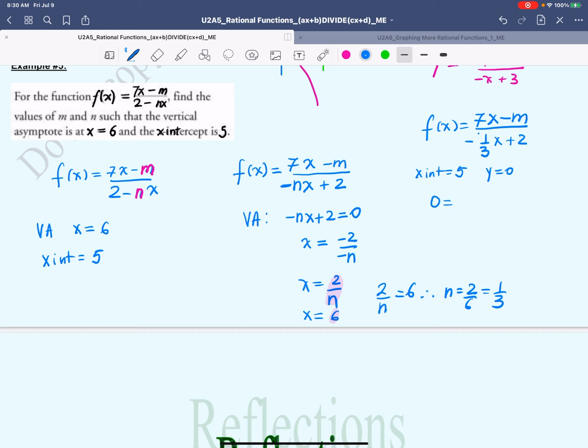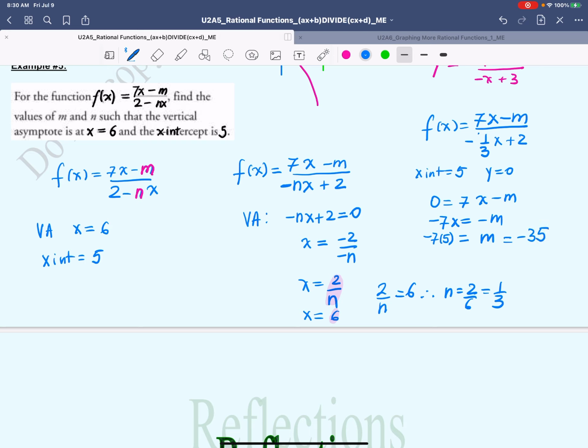So 0 equals 7x minus m. Negative 7x equals negative m, which gives m equal to negative 7 times 5. So the value of m is negative 35.